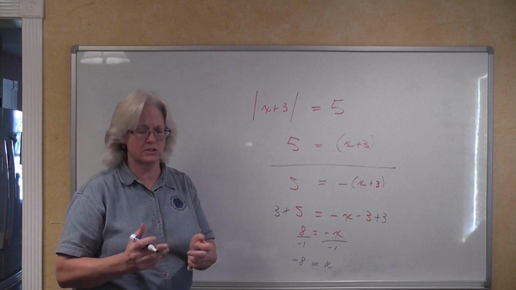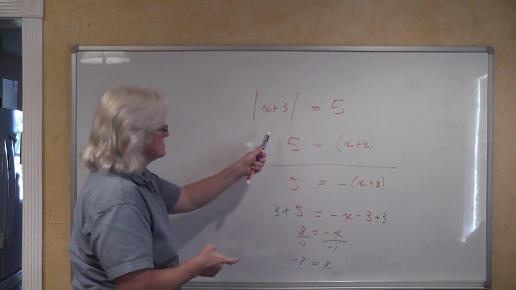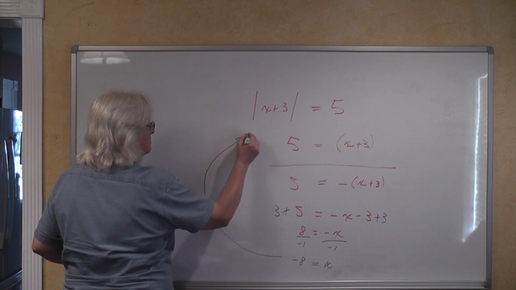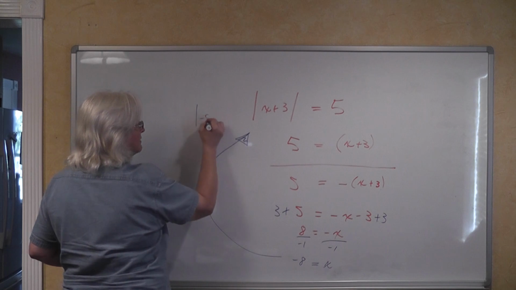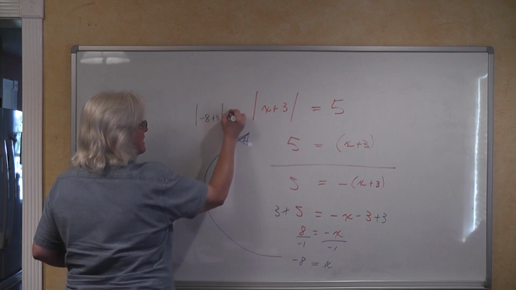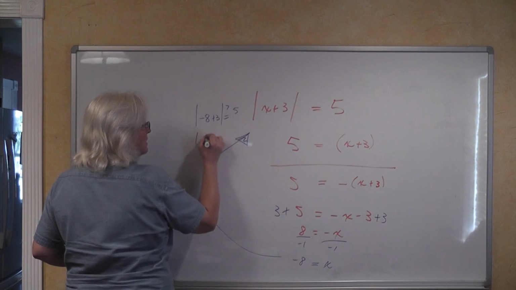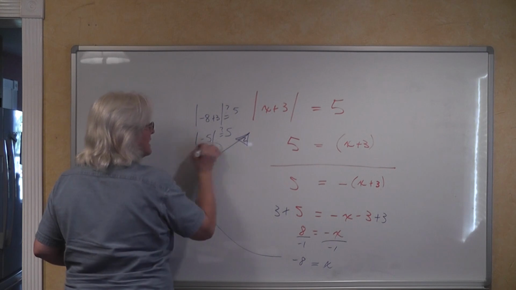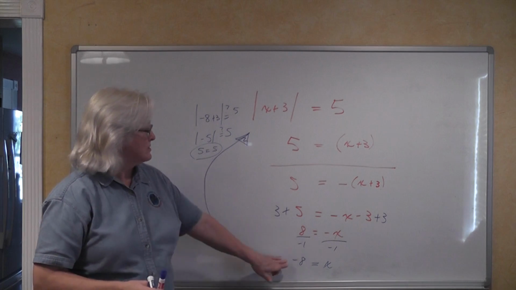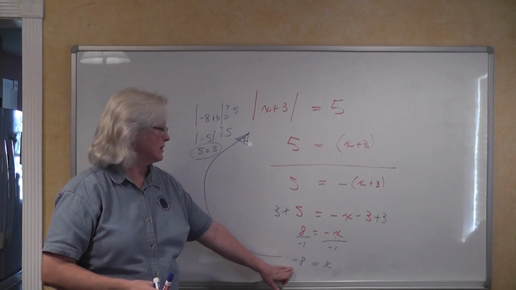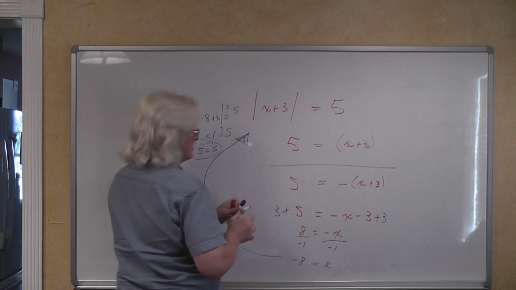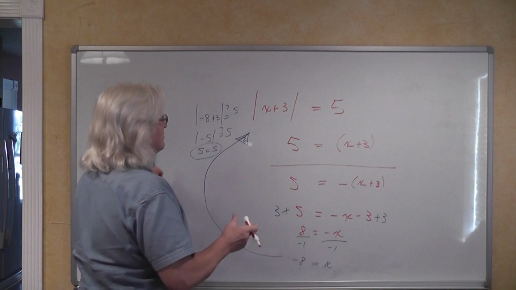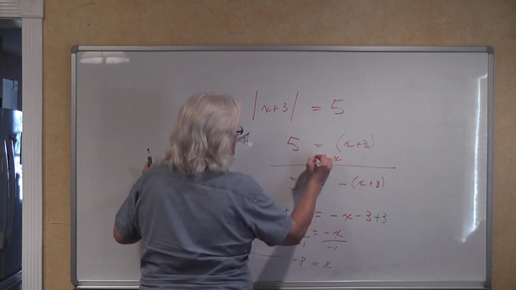And you might think that just doesn't make any sense at all. Well, let's substitute it back into this equation up here. The absolute value of -8 plus 3, is that equal to 5? Absolute value of -5, is that equal to 5? Yes, 5 is equal to 5. So we have one possible value for x here, and we have another possible value for x here, which I'm not even going to take the time to solve, because you know that x can be equal to 2.